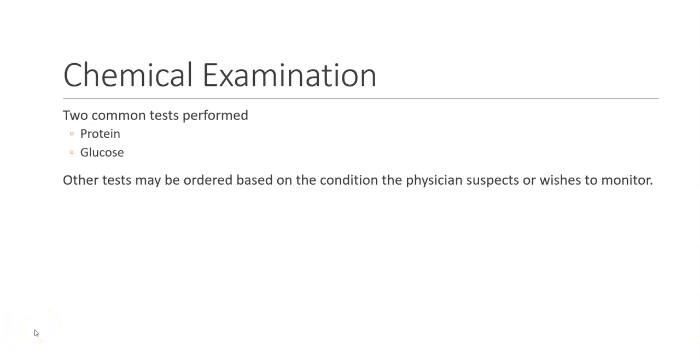Moving on to the chemical examination, the two most commonly performed tests are protein and glucose. In certain infections, bacterial or viral, there is protein in the cell walls of these organisms. So one of the reasons we may see an increased protein in CSF is one more piece of information that there's some type of infectious process going on.